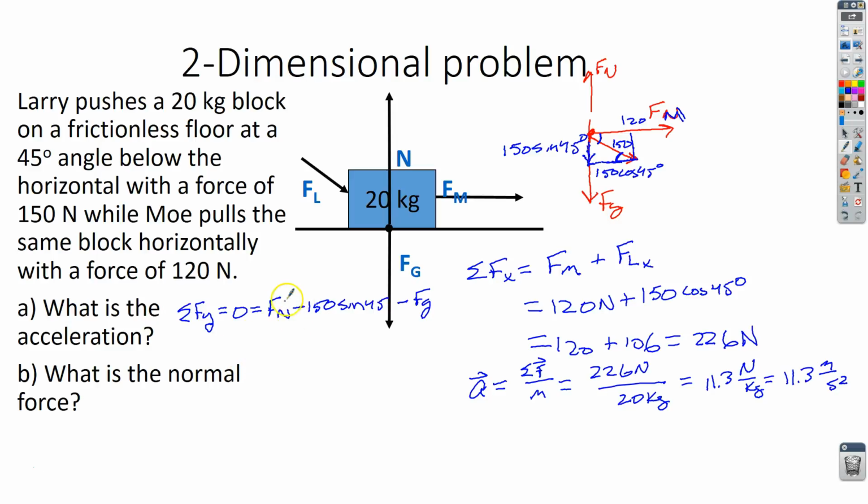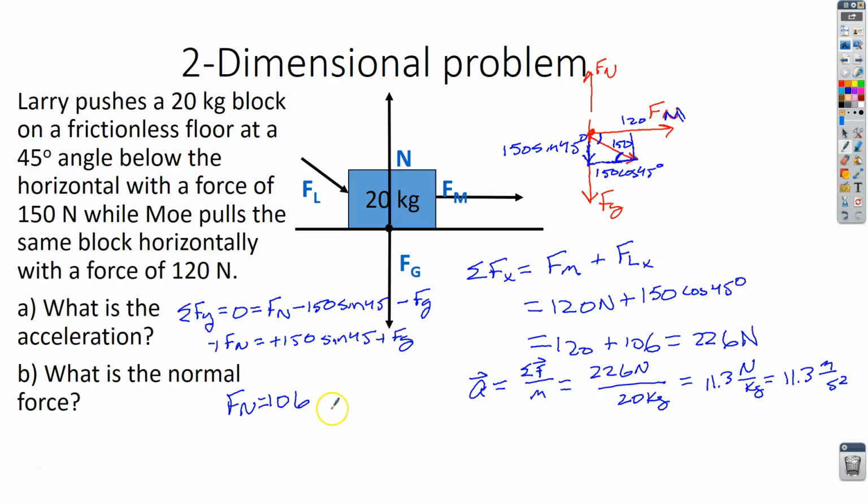If I go ahead and move this Fn to the other side, that makes all of them negative. So negative Fn is equal to negative 150 sine of 45 minus Fg. So we can make all these positive now. So now our normal force is just going to be equal to 106, that's 150 sine of 45.